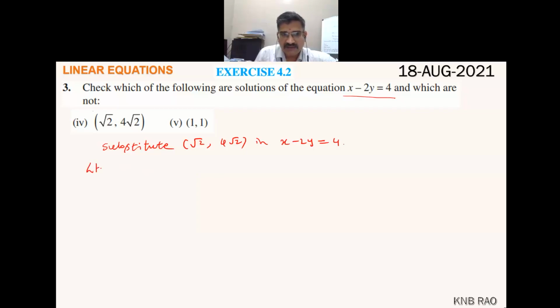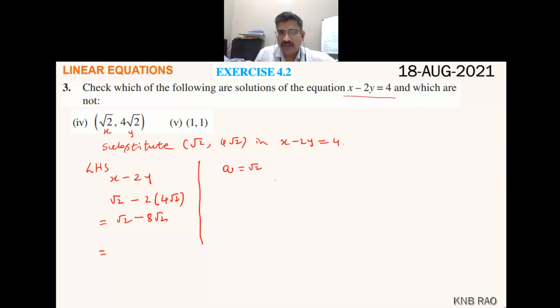Now, LHS of that equation is x minus 2y. If I substitute, root 2 minus 2 times 4 root 2, because the x value is root 2 and 4 root 2 is the y value. Root 2 minus 2 into 4 root 2 is 8 root 2. I said yesterday, if I consider root 2 as a, it looks like a minus 8a.